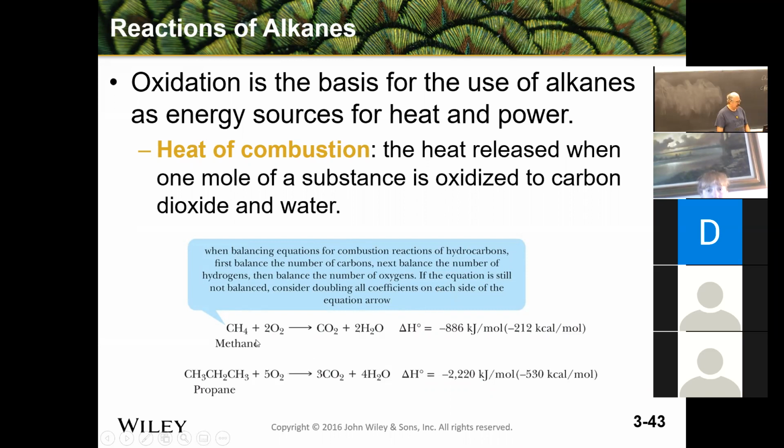Down here we have the balanced equation for combustion of methane. Methane reacts with 2 equivalents of oxygen gas to produce carbon dioxide and 2 equivalents of water. This is exothermic. Minus 886 kJ per mole are released.